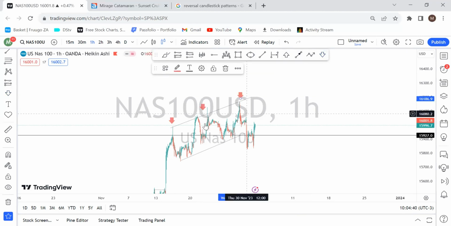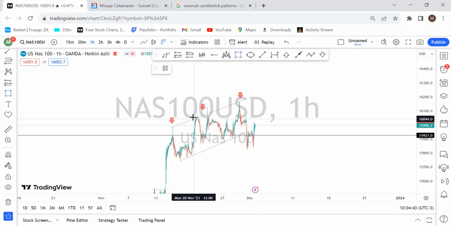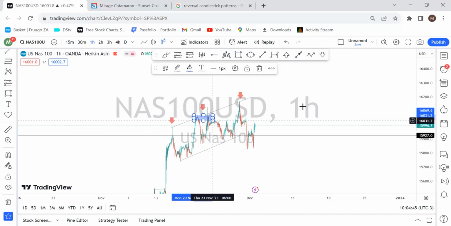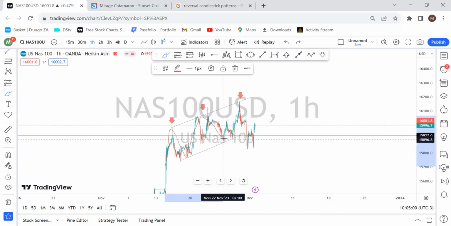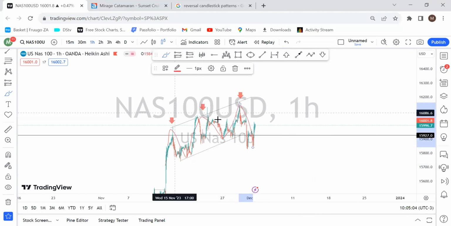So we had 3 touches, and the reason why I'm not considering these two as separate touches is because when you actually follow the market itself, you would see that this is how the market actually looks like, right? That's why we count this as a collective of touches into one.